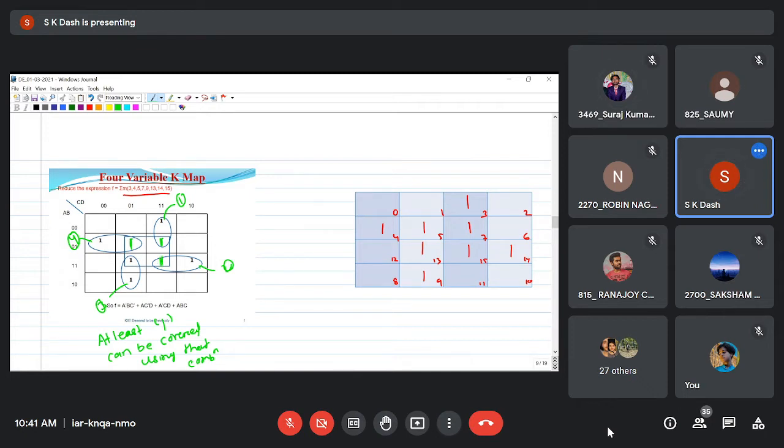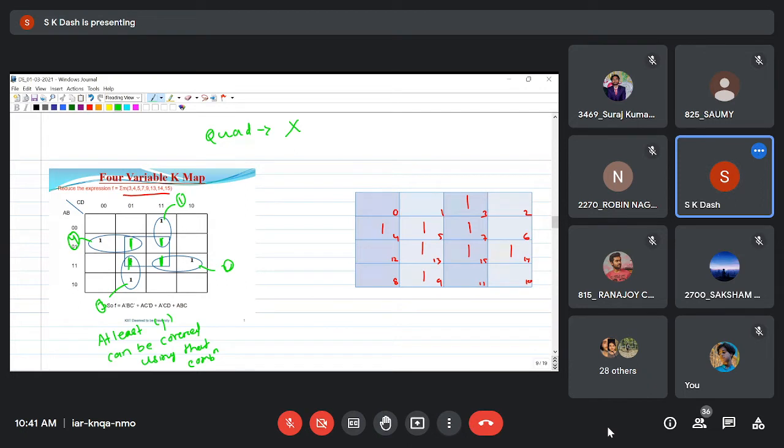This one again 2, either the quad or pair number 2. This one, either the quad or pair number 3. So see, in the quad all the ones can be covered using 2 possible combinations. So what happened? This quad is not essential, because all the ones can be covered using other possible combinations.